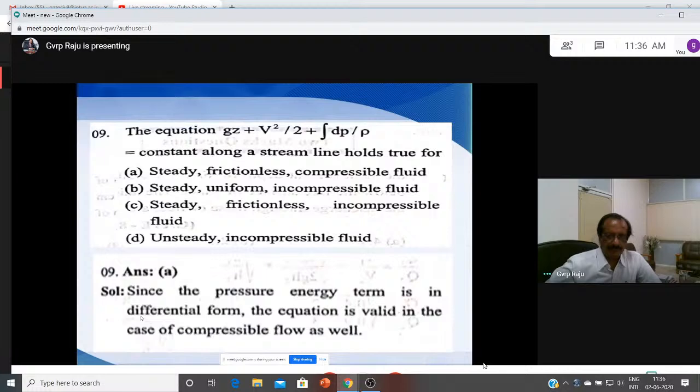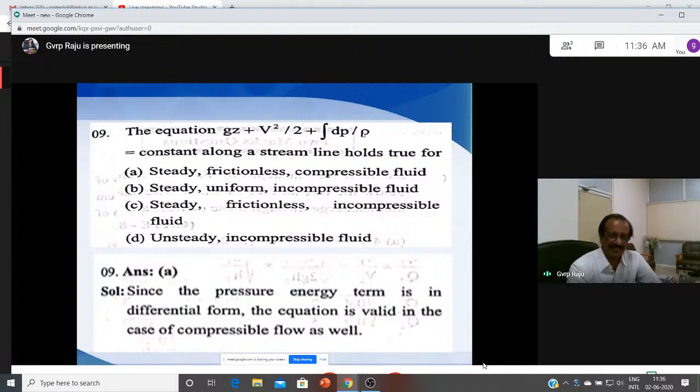Question 9. So if you see here, this is V square by 2 plus GZ plus integral dP by rho. In Bernoulli's equation, we assume that the fluid is incompressible.